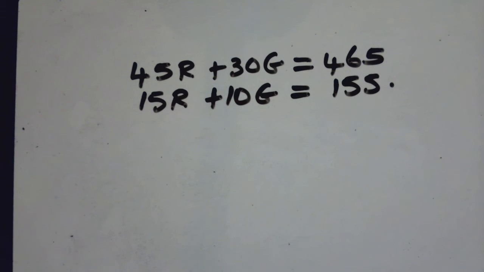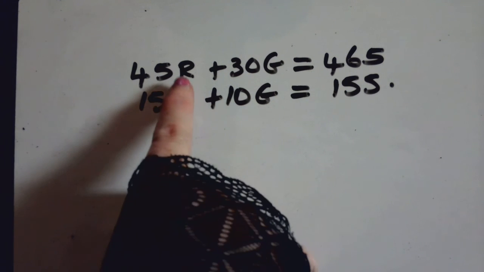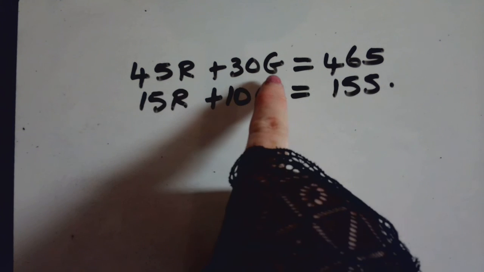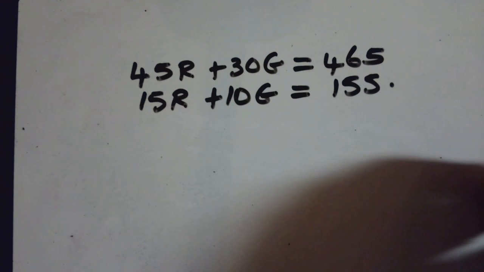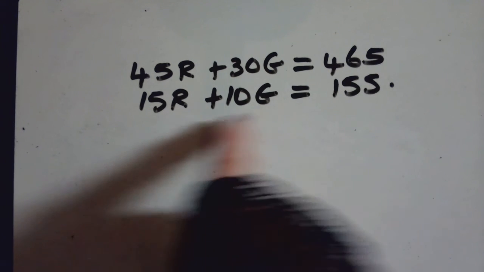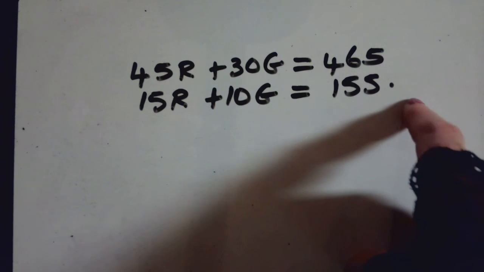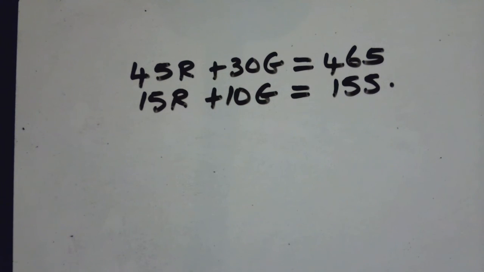So if you have 2 system equations and you have a certain amount, 45 regulars plus 30 glossies equals 465, then you have another pair where 15 regulars and 10 glossies equal 155. You can use that to find out how much regular and glossy is, as long as we don't have a no solution.